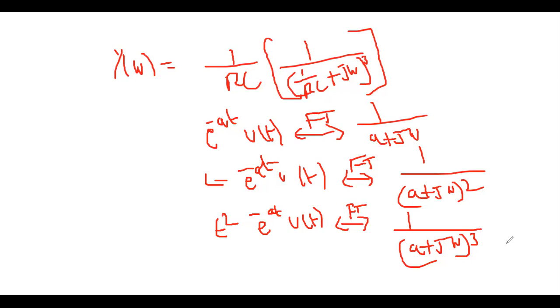Now the above equation is in the form 1 by (a plus j omega) whole cube. So you can apply the inverse Fourier transformation to Y of omega.